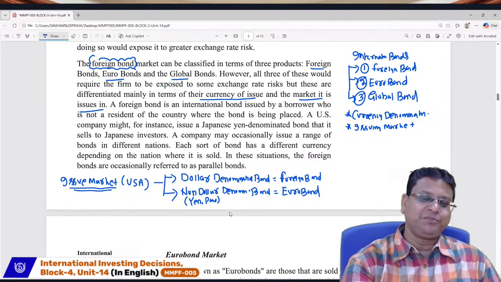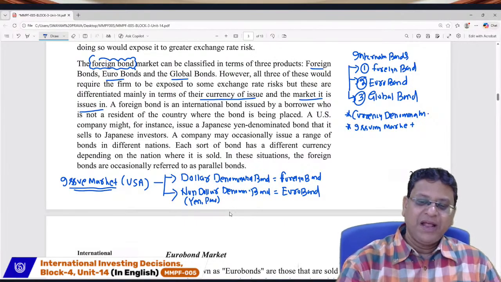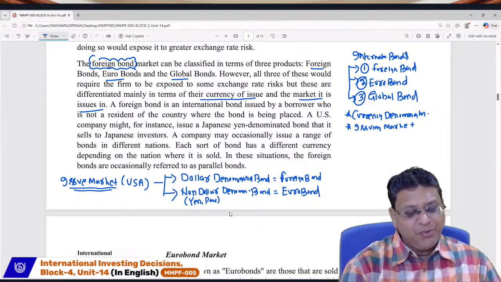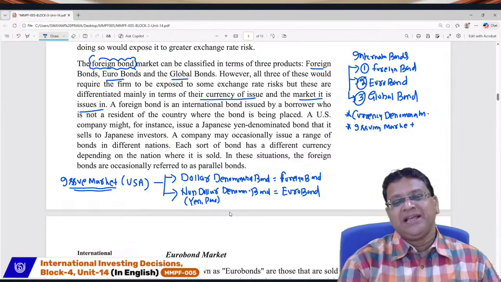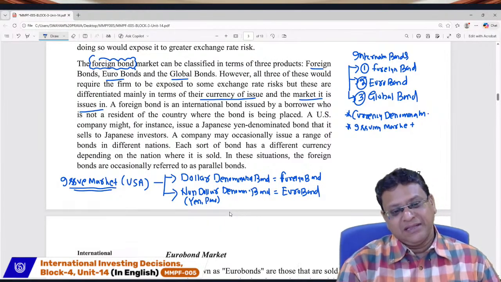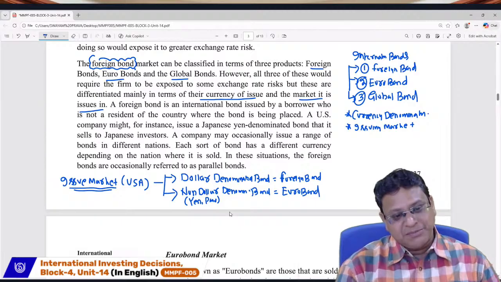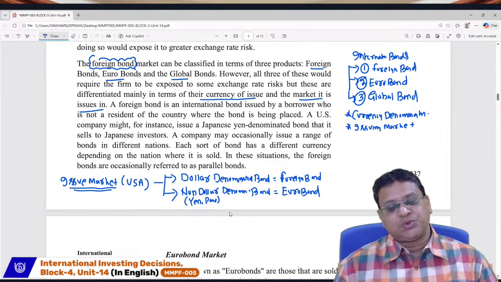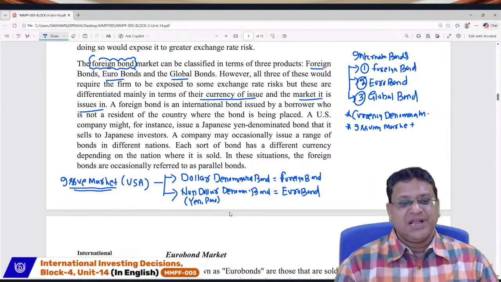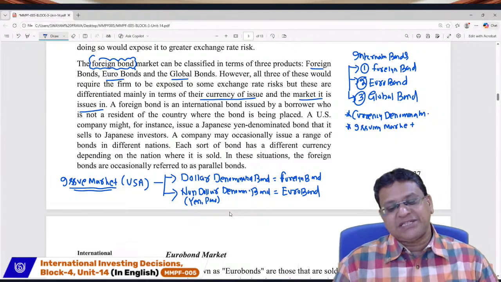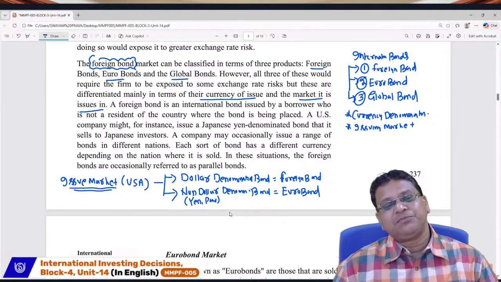So what is the major point of difference between foreign bond and Eurobond? Foreign bonds are denominated in a currency which is equal to the currency of the market where it is issued, and Eurobonds are issued in a market and denominated in a currency other than the currency of the market where it is issued.